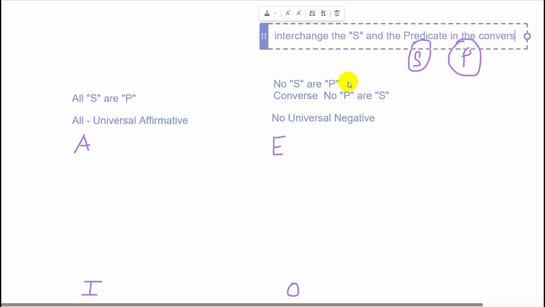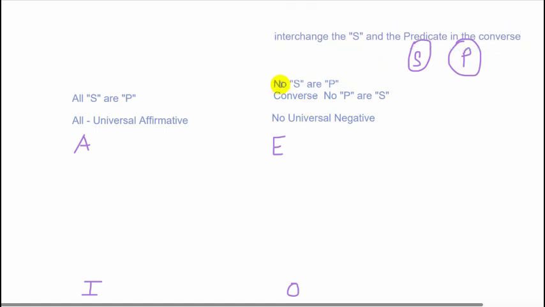This is the original statement, and in the converse we are replacing the subject with the predicate of the original, and the predicate part, the second part, with the subject of the original. So we are interchanging in the converse.